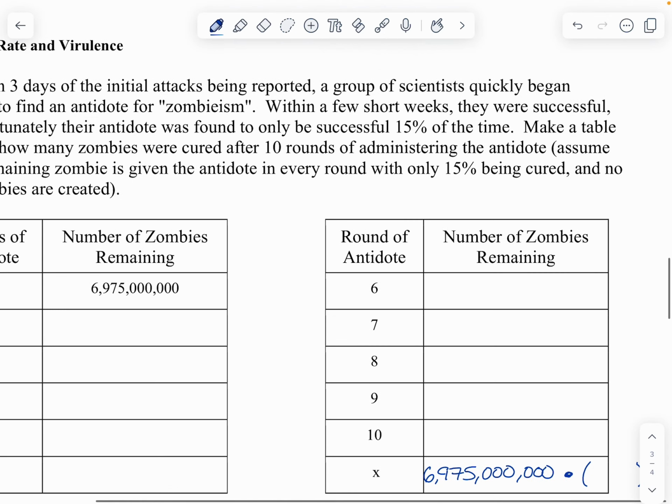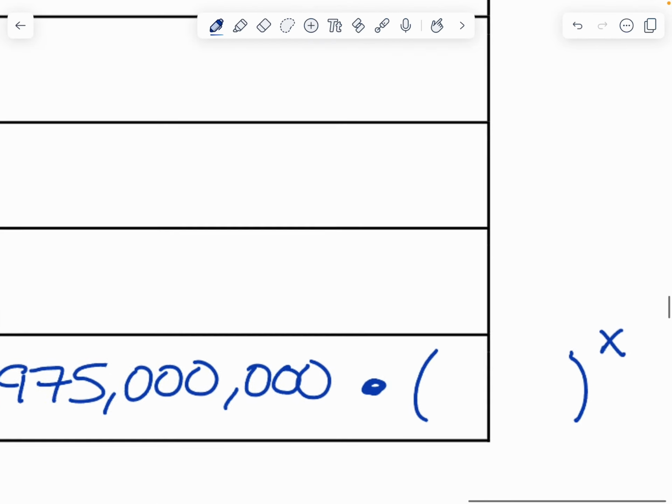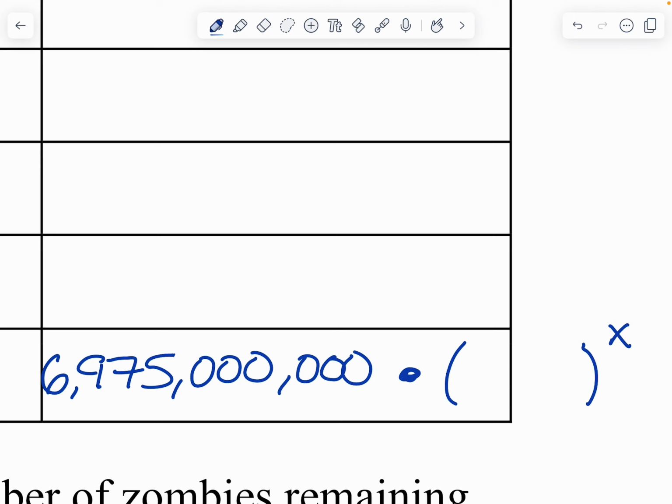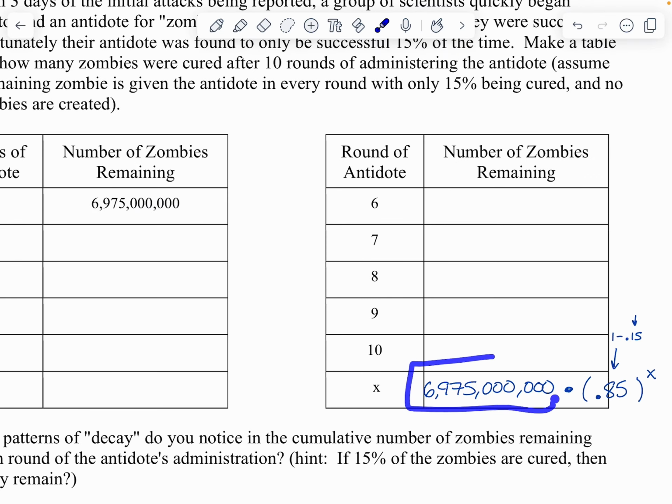It's only 15% successful, meaning that you're turning about 15% of people every day, meaning you're retaining about 85% of the zombies. So you have 0.85 as your multiplier. Thinking about this as your rate, that's 1 minus 0.15. There is your 15% at play. The number of zombies is being decreased by 15% every single day.